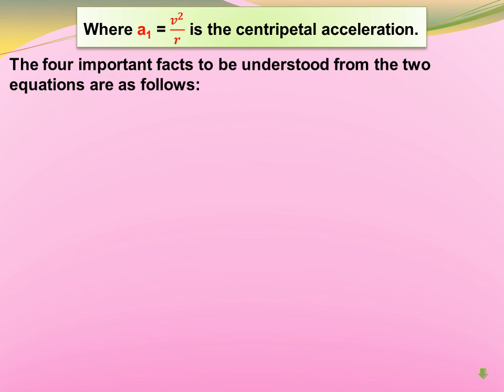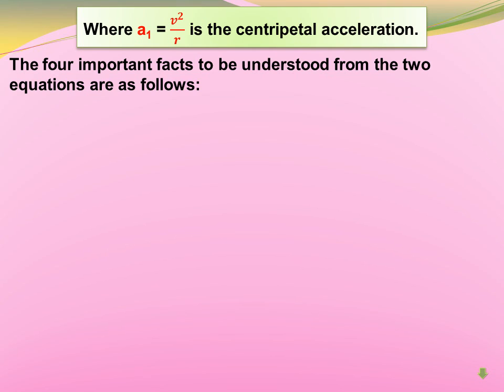Using all these things, the four important facts to be understood from the two equations are as follows. The two equations are: mg sin theta is equal to minus m dv by dt, which is equation number 1, and T minus mg cos theta is equal to m v square by r, which is equation number 2.